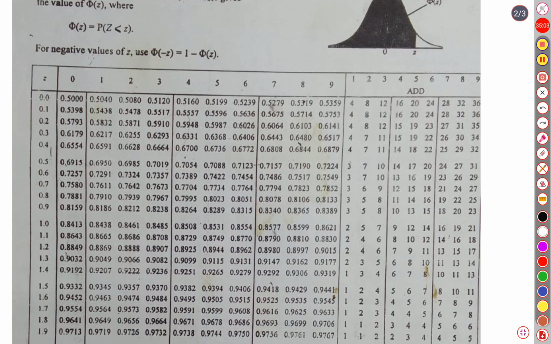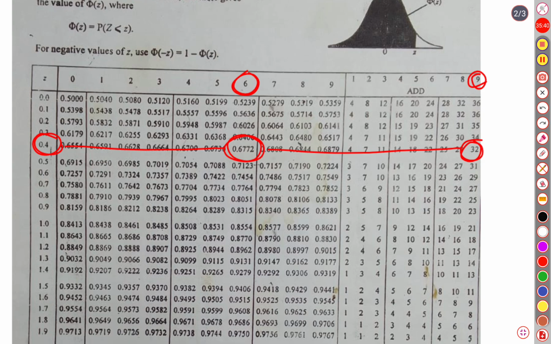It is not 0.6, it is 0.469. So our row is 0.4 and the column is 6, and the third column is 9. Hence our corresponding probability is going to be 0.6772, to which we'll have to add this 32. So if we add 32 to 72, it is going to be 804. Hence our probability is 0.6804.